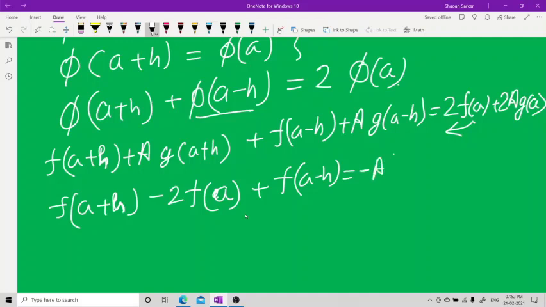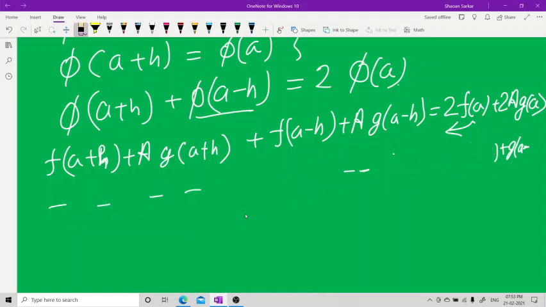So this becomes g of a plus h minus 2g of a plus g of a minus h. Wait a minute, just a minute. Let me rub this all and rewrite it in one line.